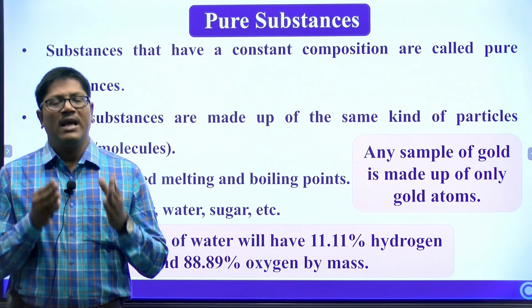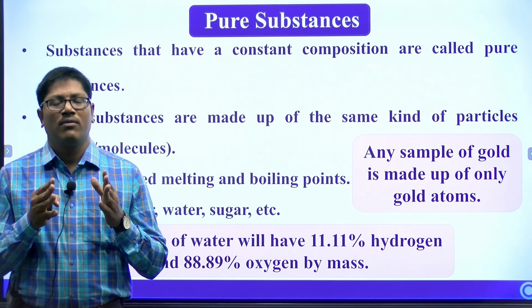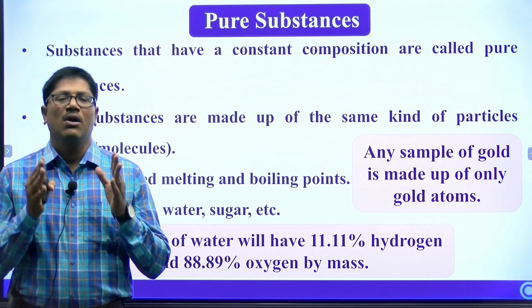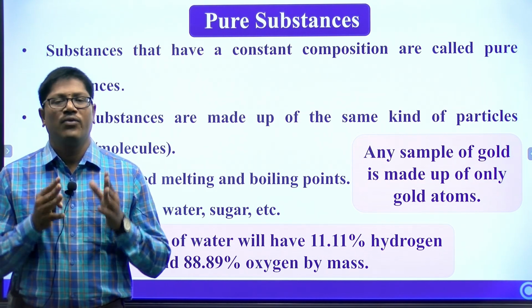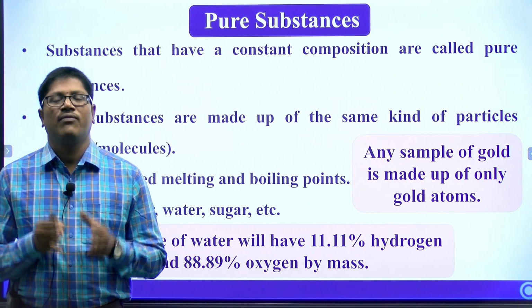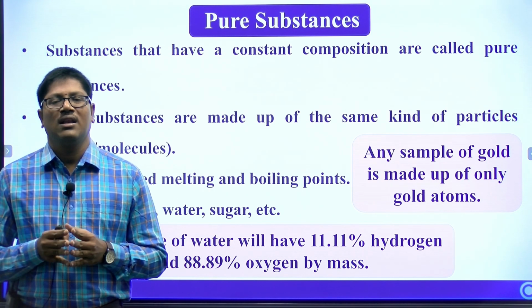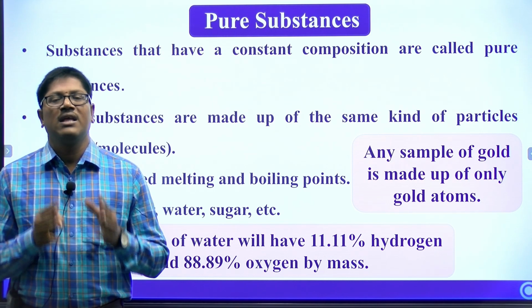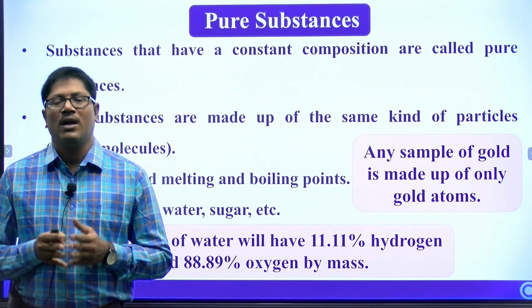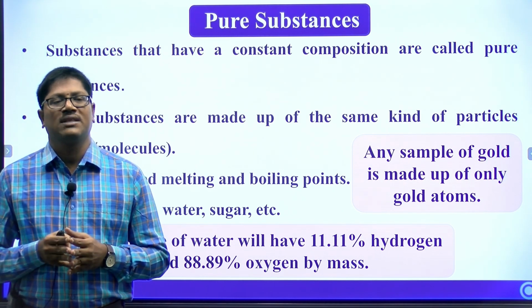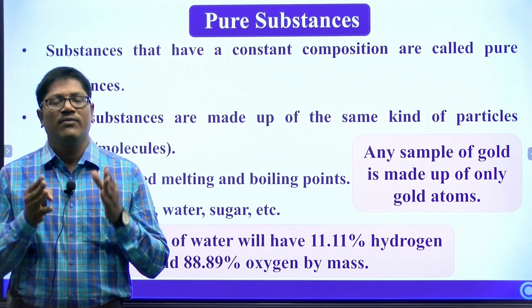If you take a sample of pure gold, it consists of only gold atoms. If you take a pure sample of water, it consists of hydrogen and oxygen in the ratio of 11.1% and 88.9%, in the fixed ratio of their masses.